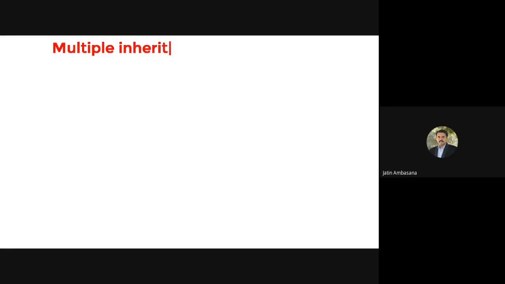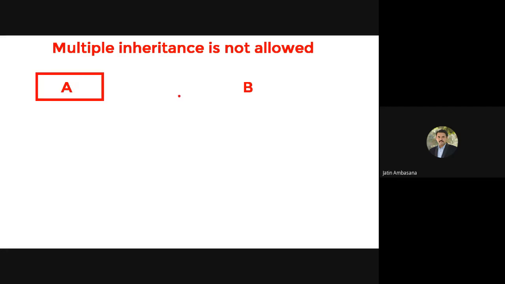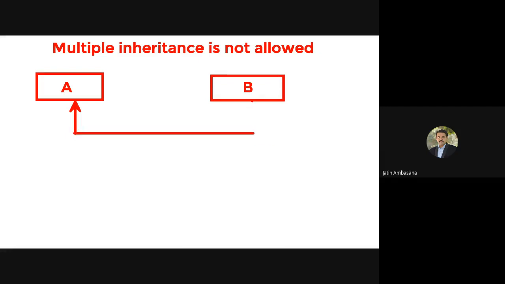multiple inheritance is not allowed. Okay. Multiple inheritance is not allowed. What is multiple inheritance? It is something like this: when you have a class like A, then B, this class A, this class B, okay, and now you want to inherit from both of these classes.